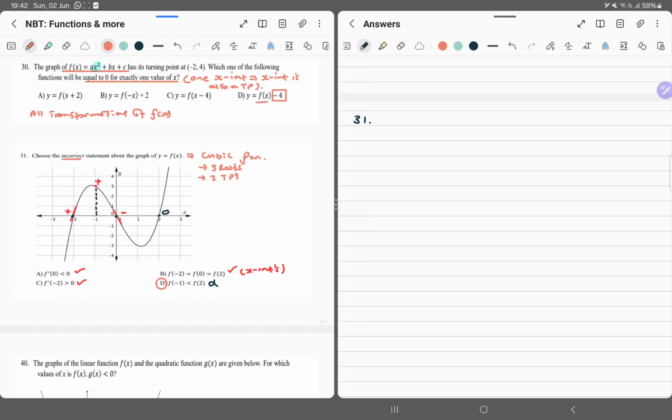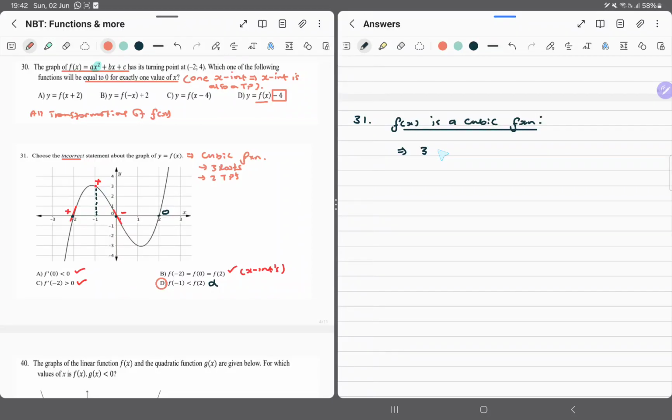I don't think there are any notes for me to give you here. So perhaps we can just say that f of x is a cubic function. How do we know?